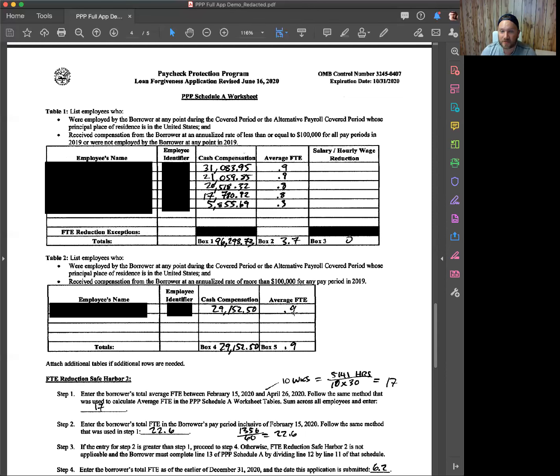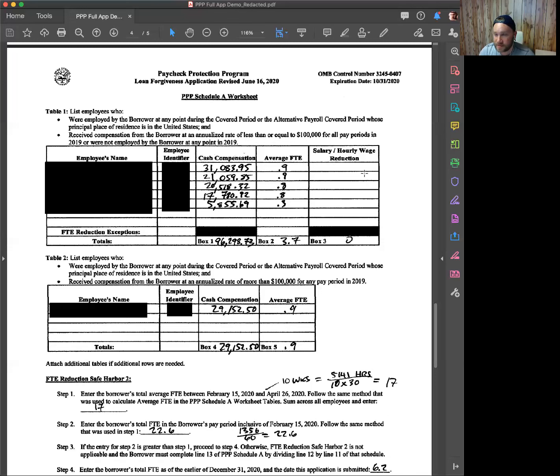And in doing that, you have any full-time people as a 1, and you have any part-time folks as a 0.5, and you use that kind of simplified way of doing it. You are welcome to use that method. Anybody can. You just have to be consistent in doing it here and everywhere else in the form, all right? I chose to use the Gusto provided FTE calculations. So I have those here. I added it up in box 2.